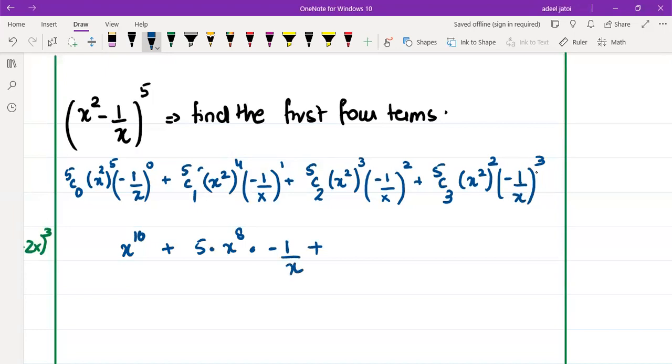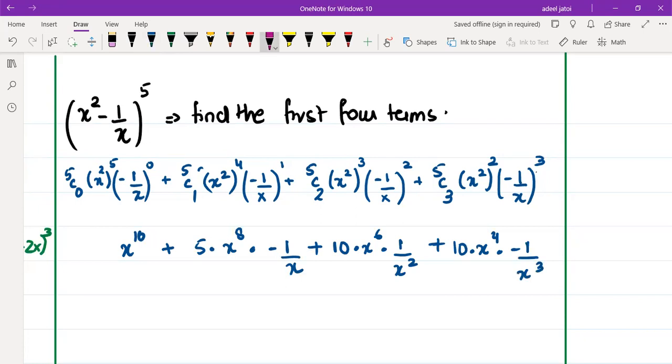Then we have plus 5C2, which becomes 10, multiplied by x^6. This will be 1/x². Then we have 5C3, which is 10 again. So that means we have x^4 multiplied by −1/x³.